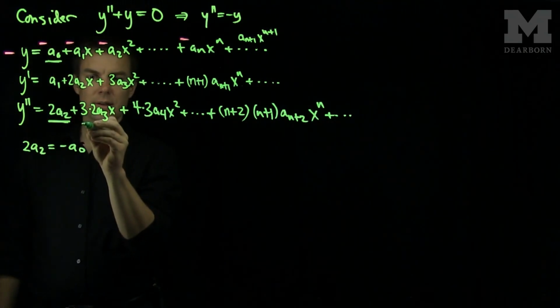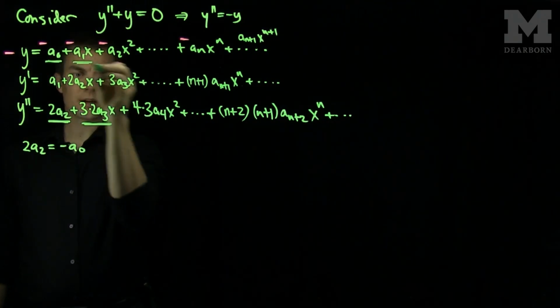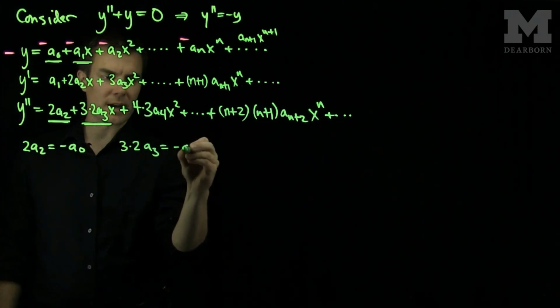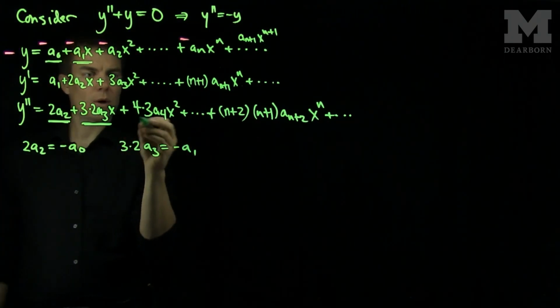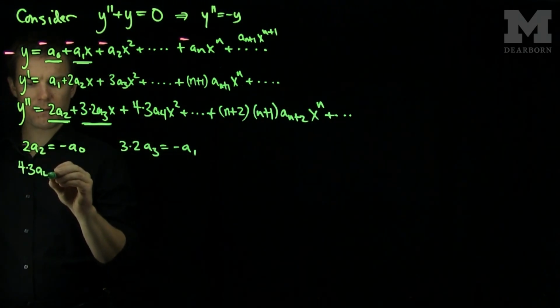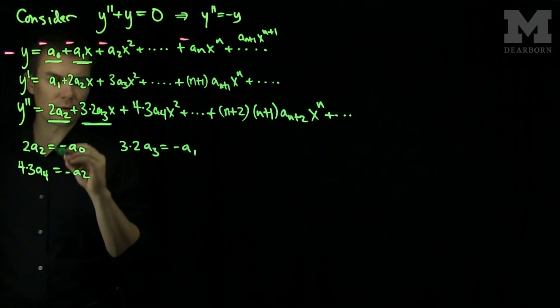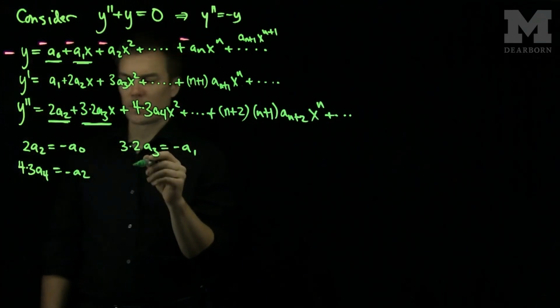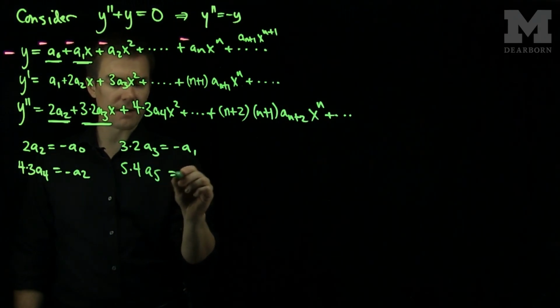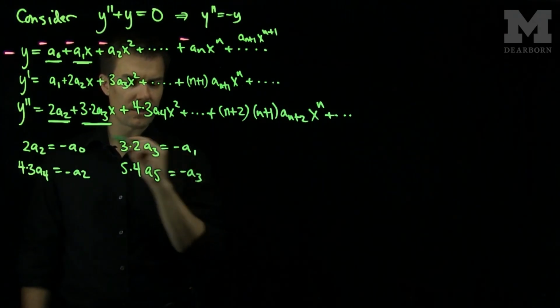It tells us that this x term is this x term, so 3 times 2a3 is equal to negative a1. The quadratic term tells me that 4 times 3a4 is negative a2. The cubic term tells me that 5 times 4a5 is equal to negative a3.